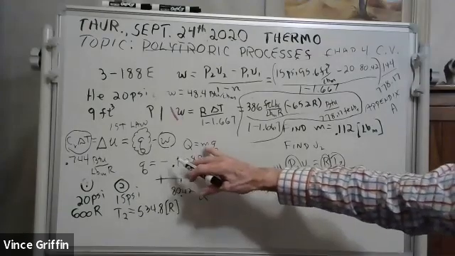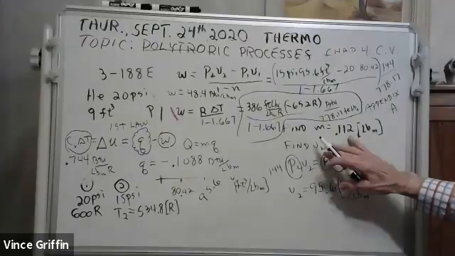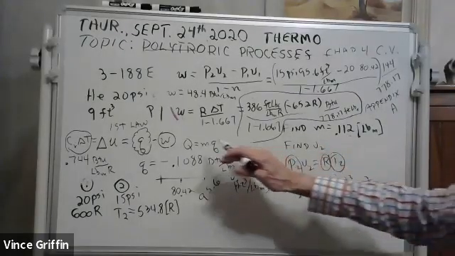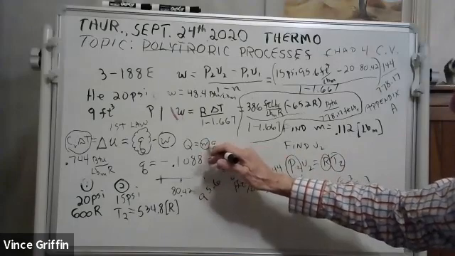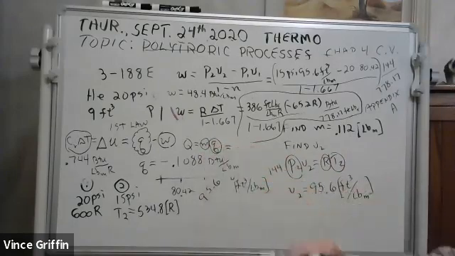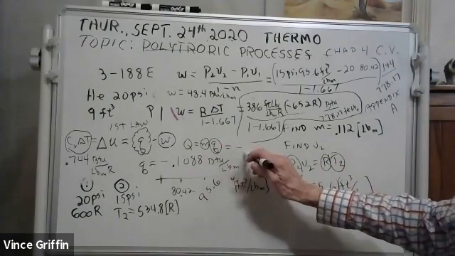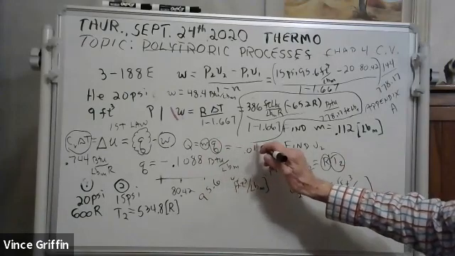But to get the big Q, you have to multiply by the mass. Now the mass is 0.112. We solved that a long time ago. So we know the mass, we know little q, and here comes big Q. This is what they wanted. I'm getting a negative 0.012 BTUs. That's the answer.